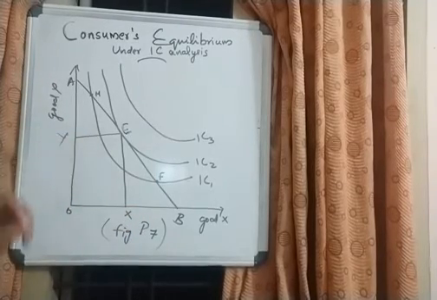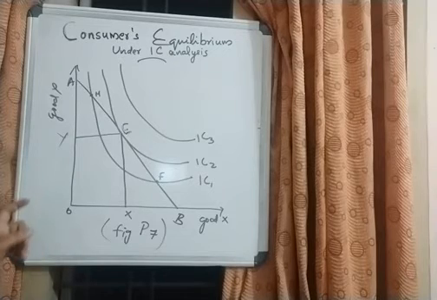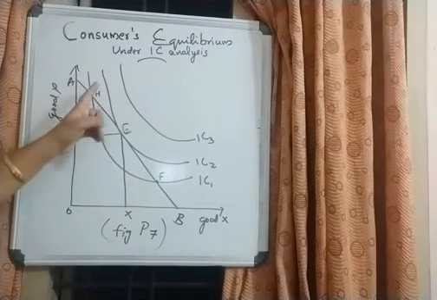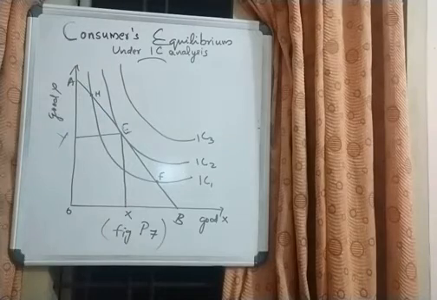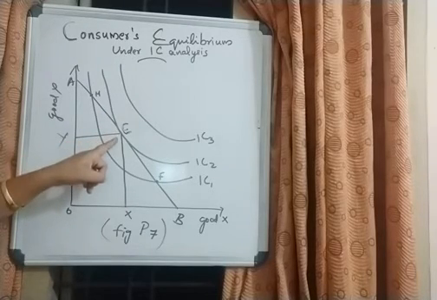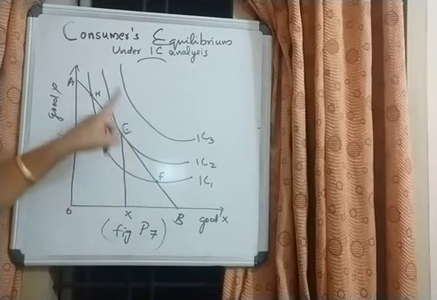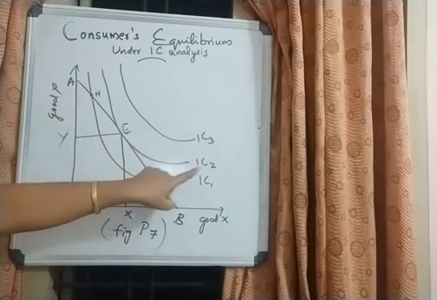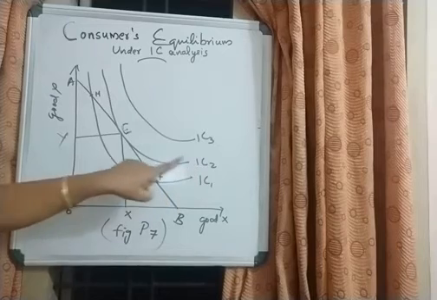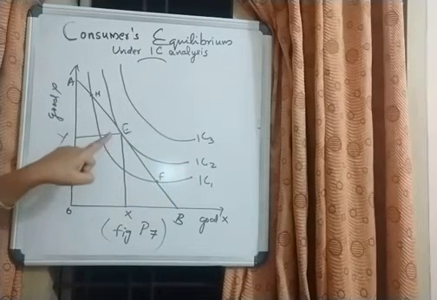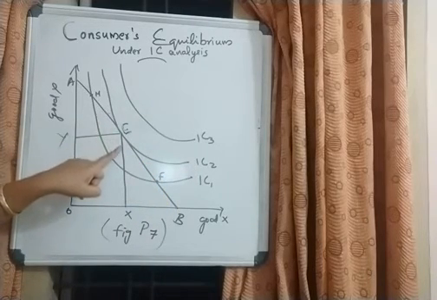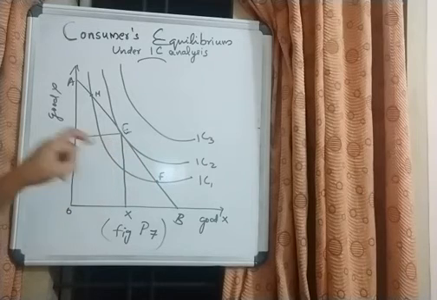Point E is the equilibrium point, where the consumer's budget line is tangent to the indifference curve. That is, it is the highest possible indifference curve that the consumer can attain.